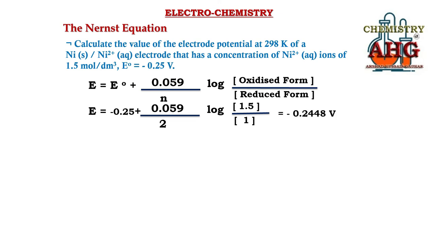This is the new, non-standard electrode potential of the nickel half cell. Why is this again a non-standard electrode potential? No doubt temperature is constant, but in this case we have changed the concentration of the nickel solution. The concentration of the nickel ionic solution is 1.5. The standard concentration is 1 mole per dm3.